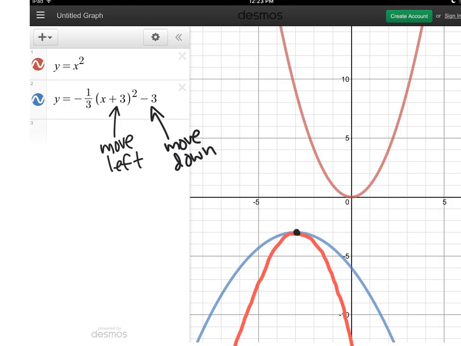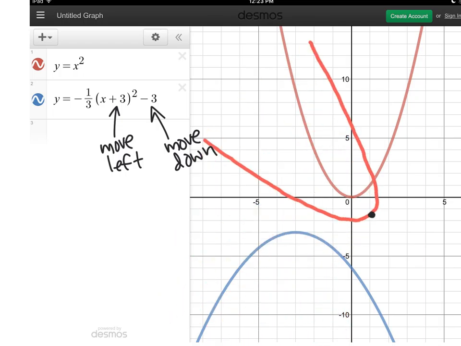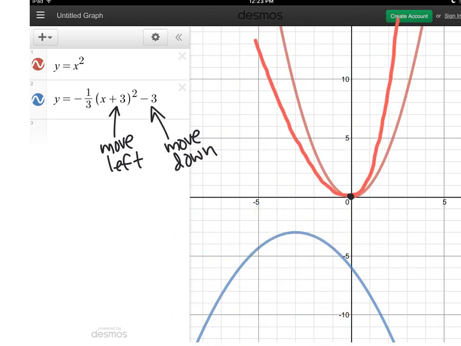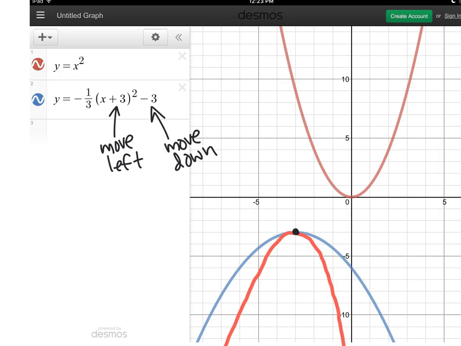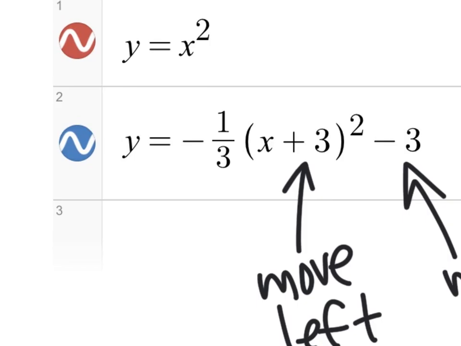All right. So then what else happened here? Well, our original function was up here, but it also got turned downward. So we're going to zoom in. That minus says it's a frown.